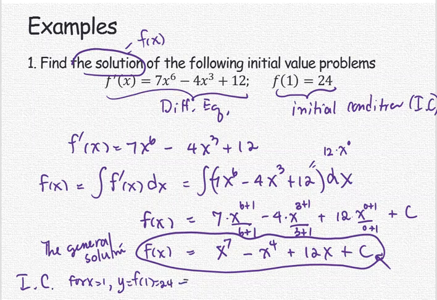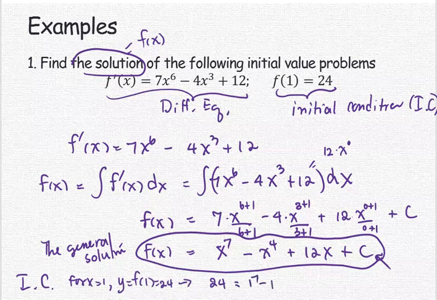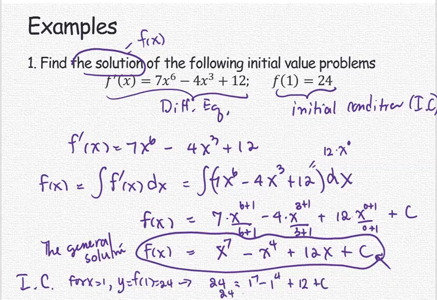So we replace it into the general solution that we just obtained to get 24 equals 1 to the power 7 minus 1 to the 4th plus 12 times 1 plus c. Then we get 24 equals 12 plus c, or c equals 12.